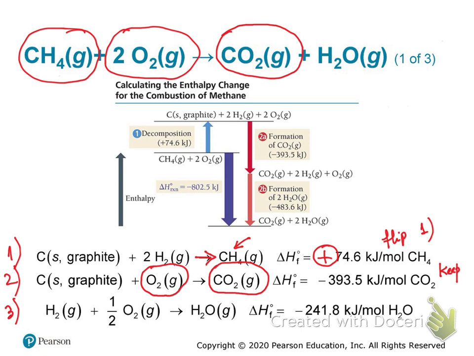I see H2O, and the H2O is in the correct position. So I am going to keep this equation as it is, because I have the H2O in the right place.